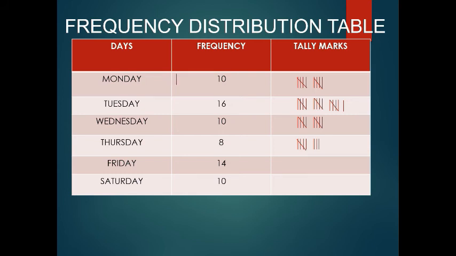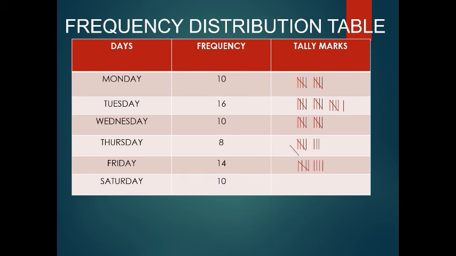In the same way for Friday. In Friday, there are 14. So first of all, we will make one bunch of 5. Then again, we will make one bunch of 5. And then after that, what will be done? Since there are 14, so 10 lines are already made. That is 2 bunches of 5.